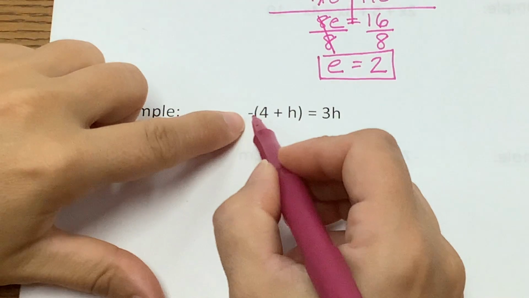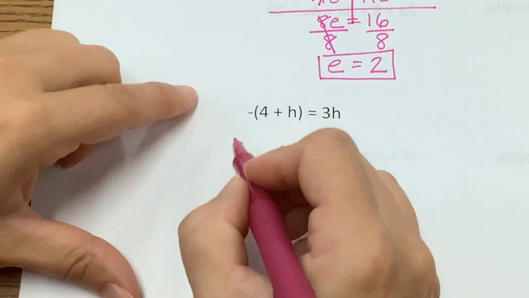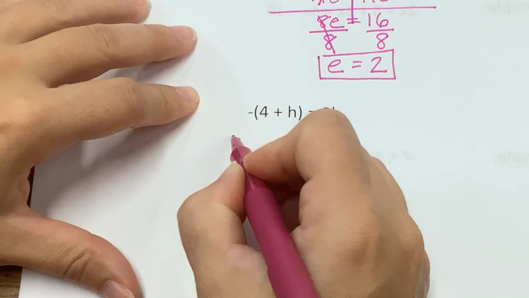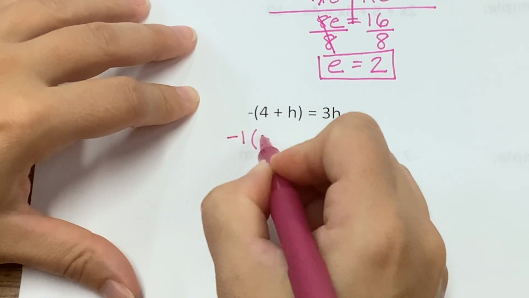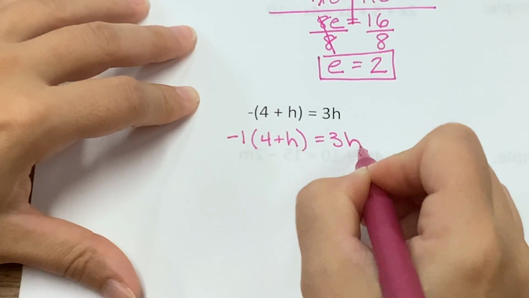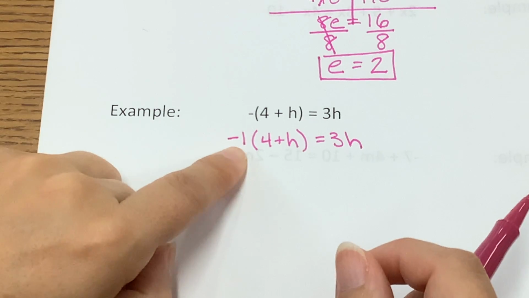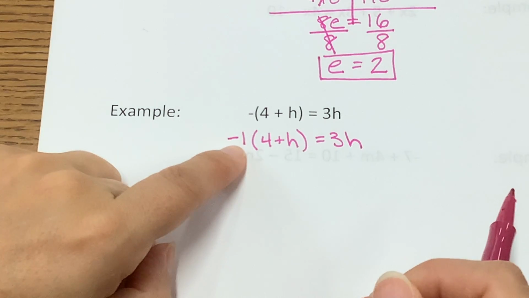Okay. This is a negative. It is actually an understood -1. So I'm just going to rewrite it to show you that that is an understood -1. Treat it like it's a -1. But whenever you multiply anything by -1, it just changes its sign, right?